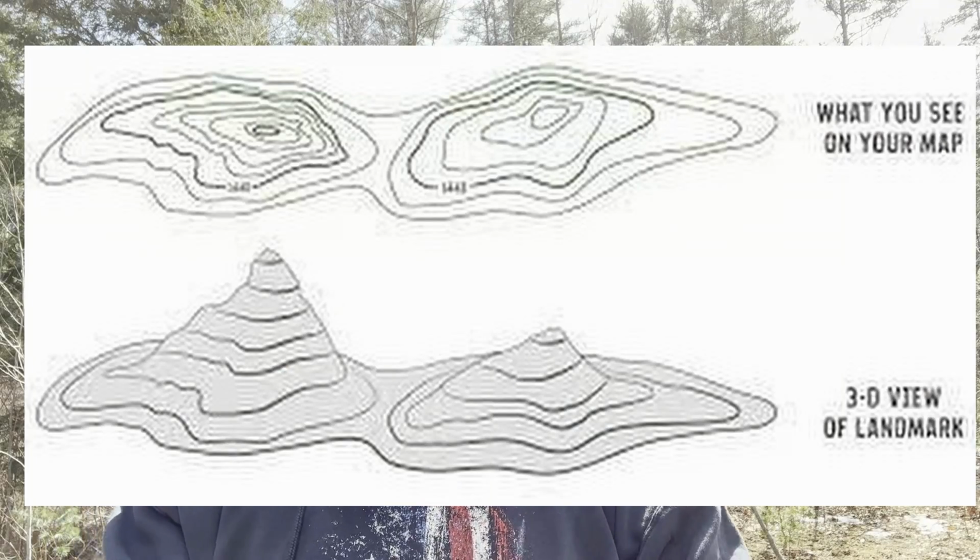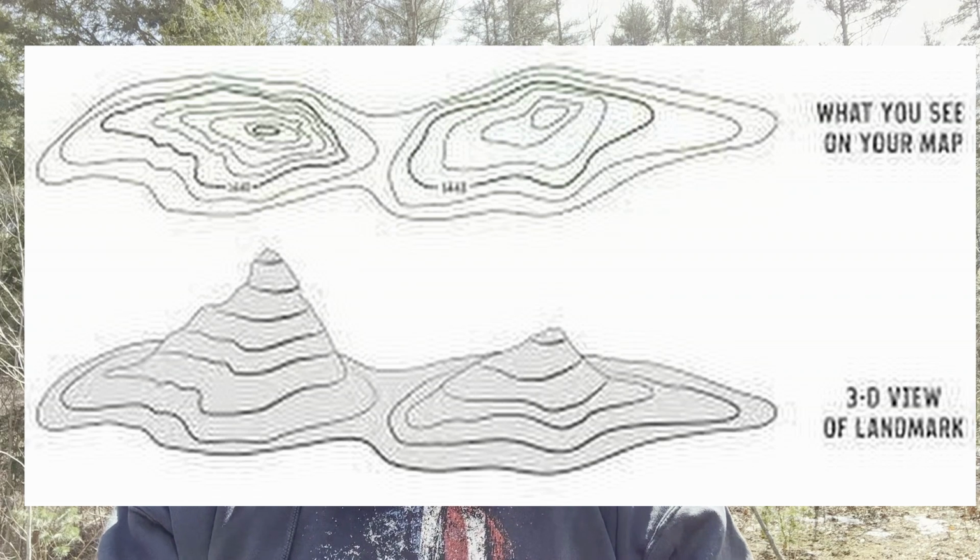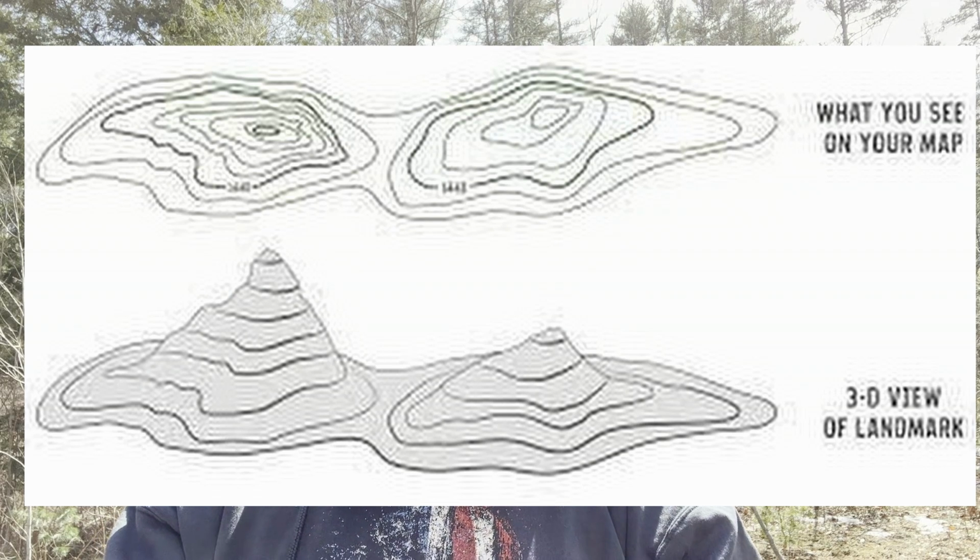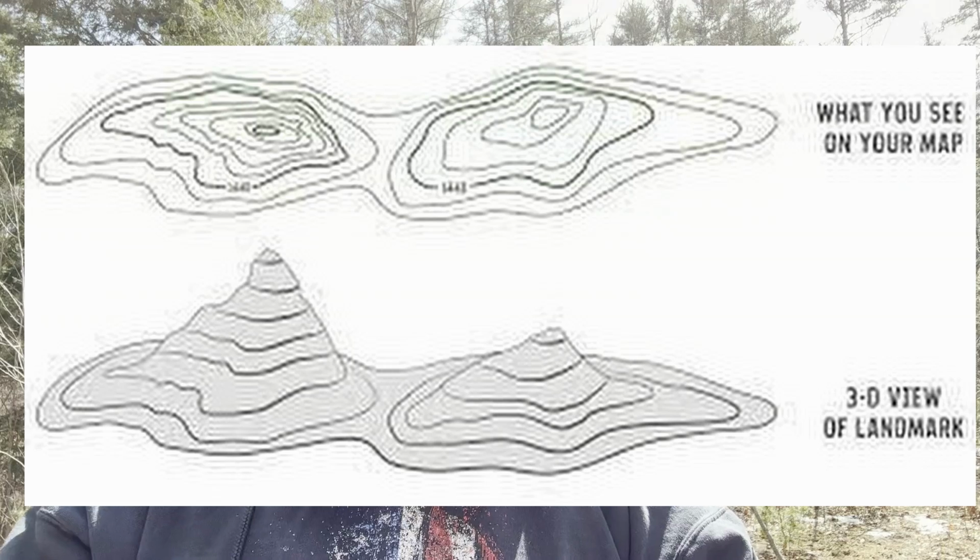The next map I'm going to go over is a topographical map. This map also shows physical features, but it does so using what are called contour lines. And the point of these lines is to show you elevation and slopes of the mountain and the ground itself. It's to give you an understanding of what kind of features are in the area that you're going to be going.